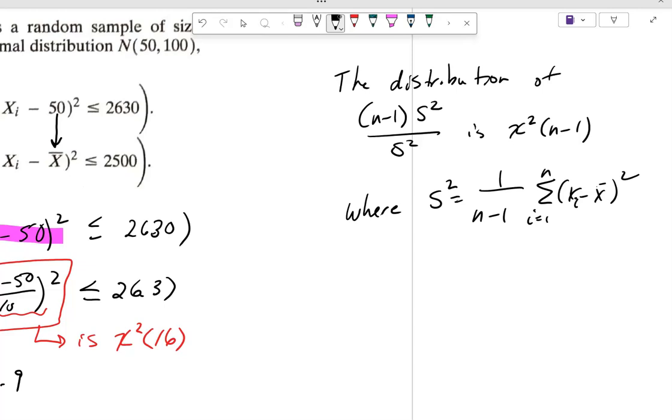You take the expected value of the deviations from the mean that you're given, right? The mean of the distribution is (x_i minus mu) squared, right? Notice in this case, we're not doing the variance of the distribution. We're trying to estimate the variance of the distribution using the sample mean. So this is what's referred to as the sample variance.